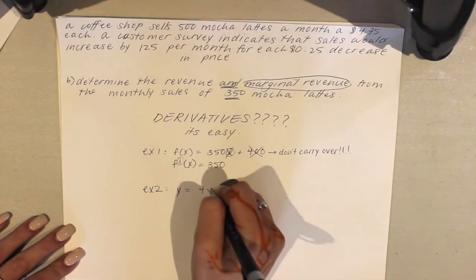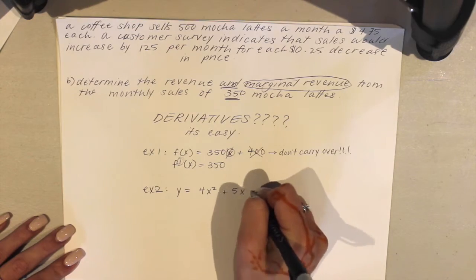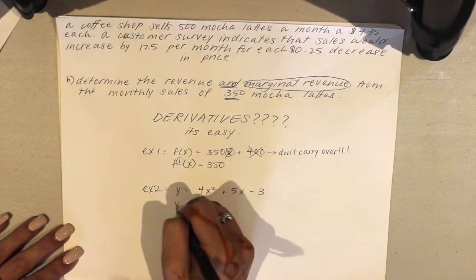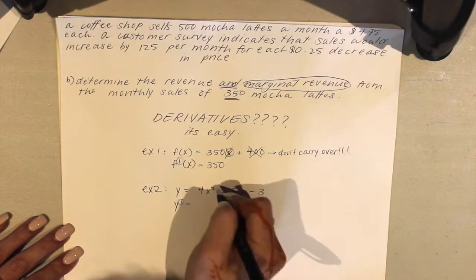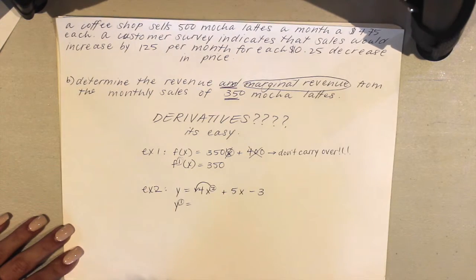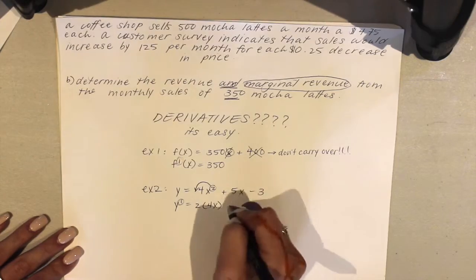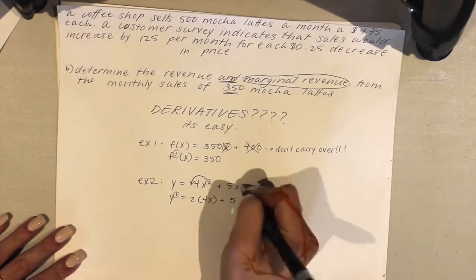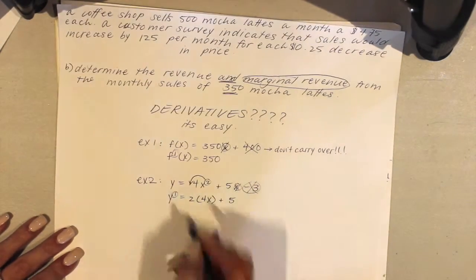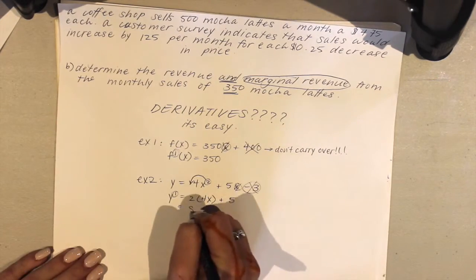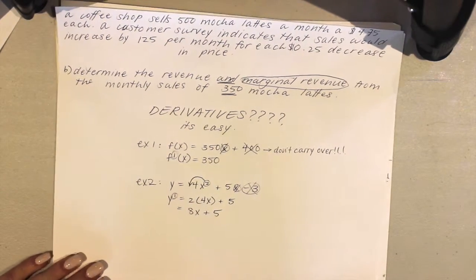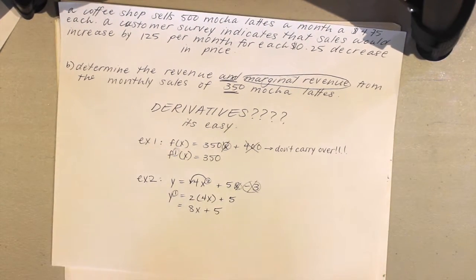In our second example here, y equals 4x squared plus 5x minus 3. So what you do, again with the tick, you take that 2 on the exponent of your variable and you bring it down to multiply that coefficient there, again taking out the constants, for a final answer of 8x plus 5.